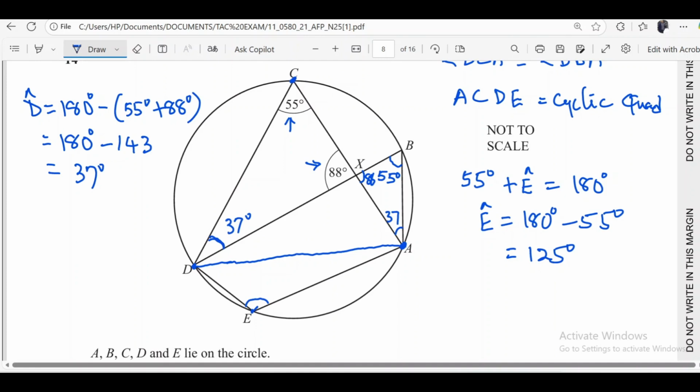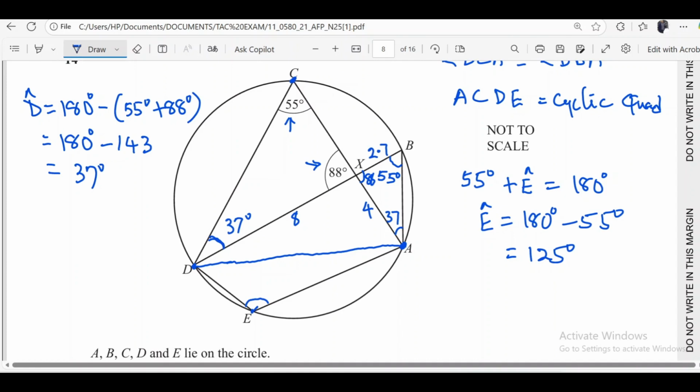Now we have here that DS is 8, that's DS, and then BS is 2.7, and AS is 4. So we are looking for CS.